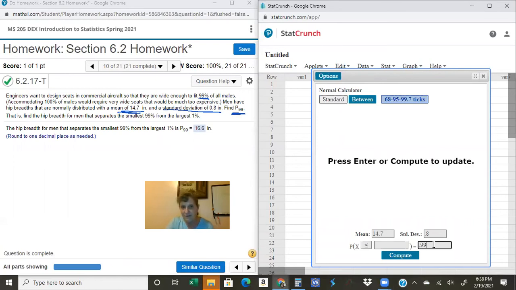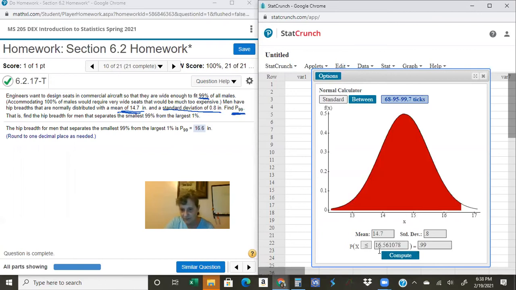Your probability will always be somewhere between 0 and 100%, which is between the number 0 and 1 as a decimal. So it's always going to be smaller than 1, or no more than 1 for sure. So hit compute, and it is X has to be less than or equal to 16.56. And this actually asked for it to be rounded to 1 decimal place, so the answer before was 16.6.